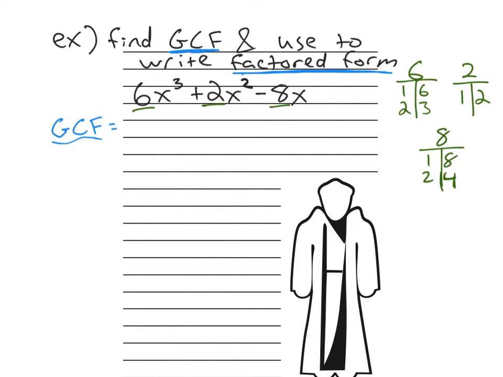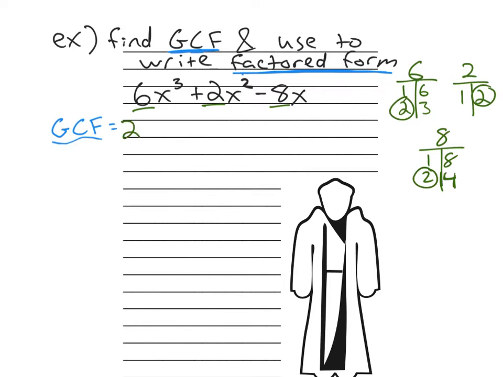Now, in that list of numbers, what's the greatest common one? You might think 4, but it's only here. 2 is in all three lists. It has to be in all three terms. So go ahead and circle 2. So that's part of our GCF, the first half of it, 2.